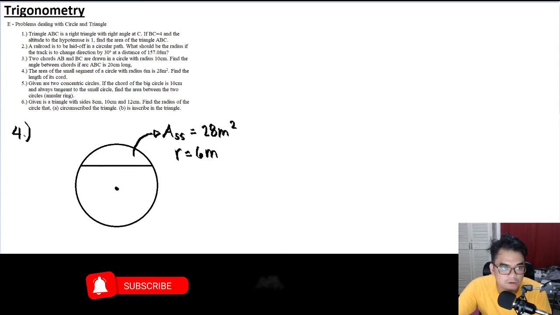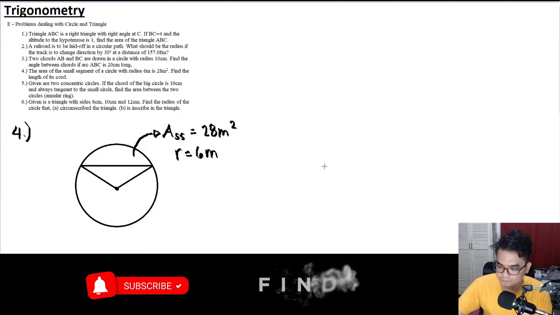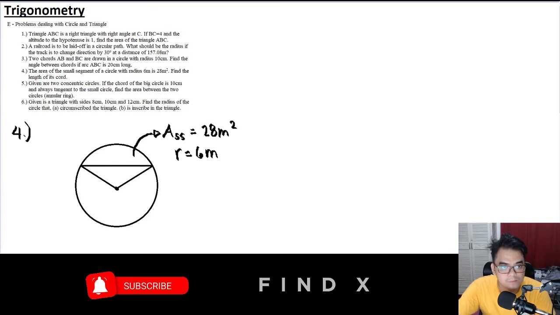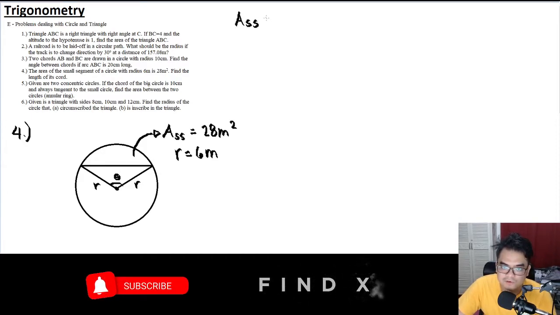So for the solution, this is R, and this is R, and then you got here a theta. That's theta.